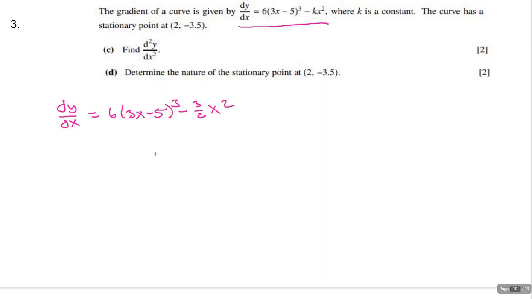All right, so there's our derivative. Now what they want you to do is find the second derivative and then determine the nature of the stationary point. This is a very common thing. So pause this, see if you can find the second derivative, just like we did before, and then substitute in the value of 2 into your second derivative and tell me whether or not it's a maximum or a minimum. Then start back up again when you're ready.